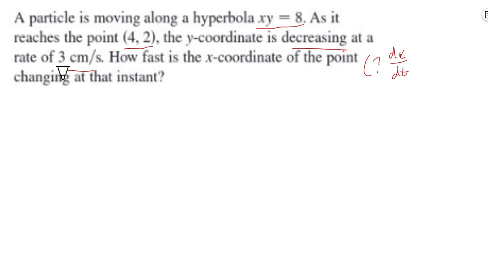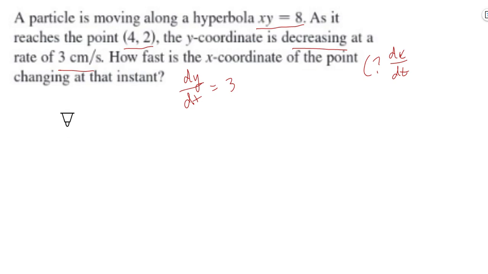They're giving us dy/dt equals 3. Sometimes they could have just given us the x and then we would have had to solve for y, but it's nice they gave us both. Some equations only give you the x or only the y, so you have to go back to the original equation and figure it out.